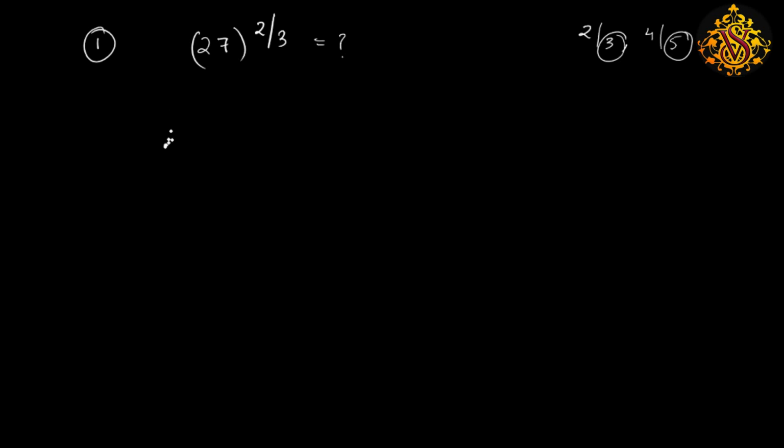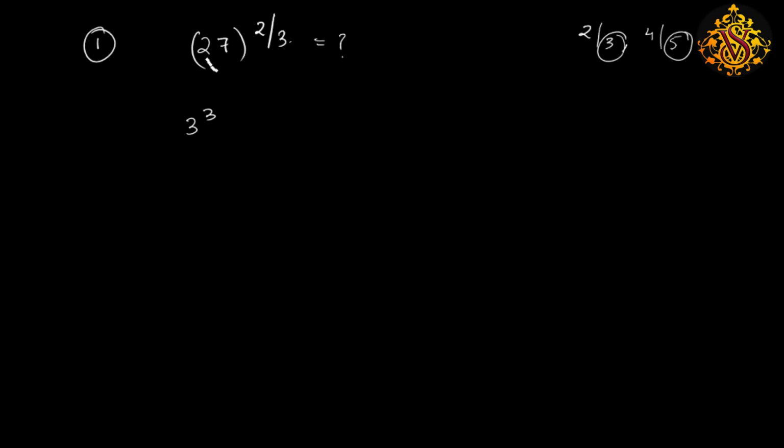That is, 3 power 3 is 27, right? We all know that 3 cubed is 27. So just remember, the denominator of the fraction will be the base of the power for the number which has been given in the question.